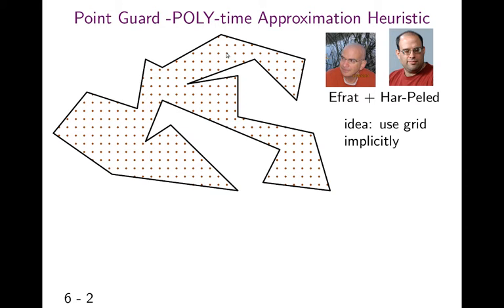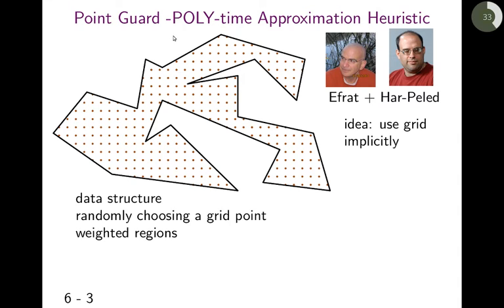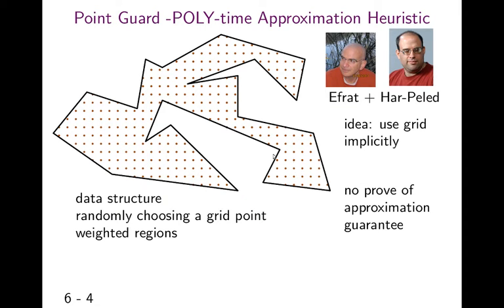And because they don't store it explicitly, they can stay in polynomial time. And then they use some data structure to be able to randomly choose grid points, where they give different regions different weight. But as I already said, they have no proof of approximation. And again, they use this set cover algorithm. But the set cover algorithm actually just says, give me a random point.